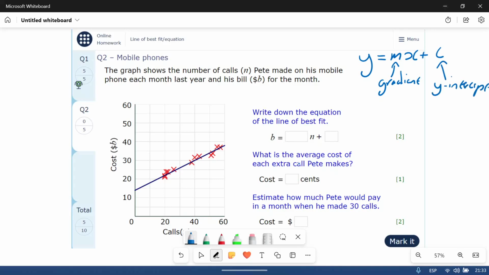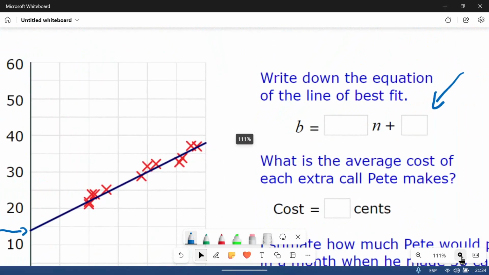The y-intercept is on the y-axis, which is the vertical axis. To get the c value, we need to look at where we cross the vertical axis. If we zoom in a little bit, you see that we've got 10, and that line is just below halfway between 10 and 20, which is 15, so I would say that's about 14.